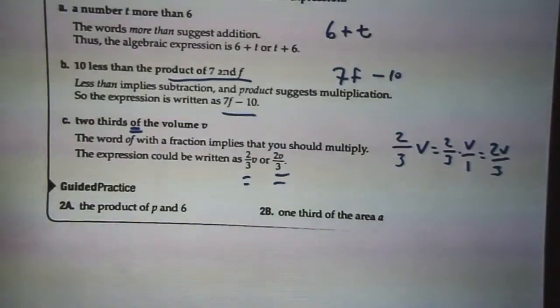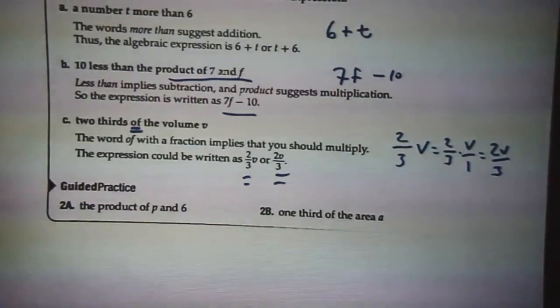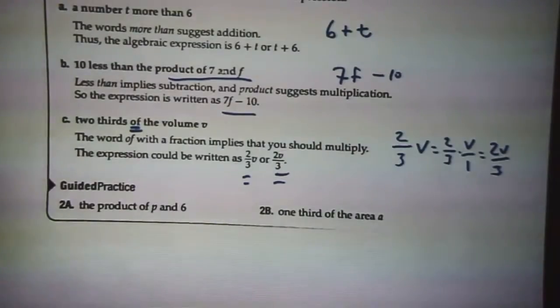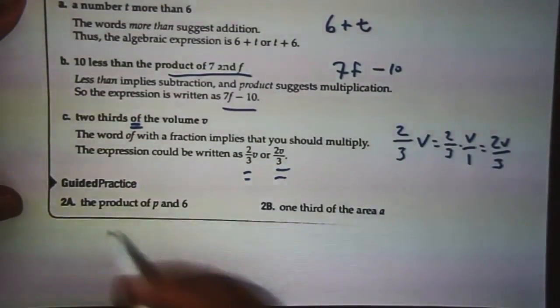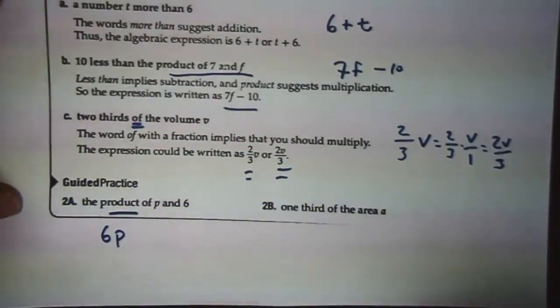Alright, so some guided practice. Take a moment to figure out what this is going to be in terms of an algebraic expression. Go ahead and hit pause and then work them out, and then I'll show you the solutions in a moment. Alright, so the product of p and 6, that means 6 times p because it asks for product, it means multiplication.